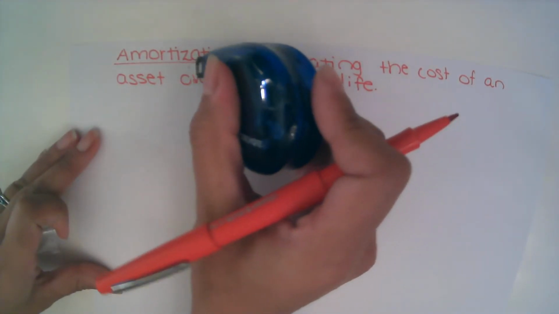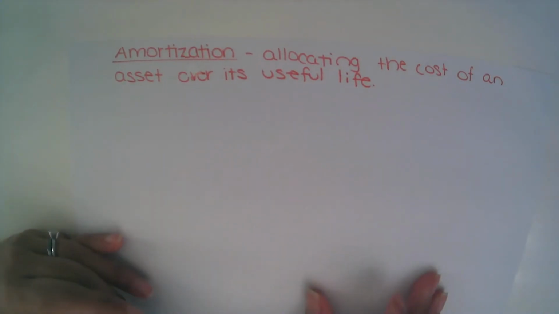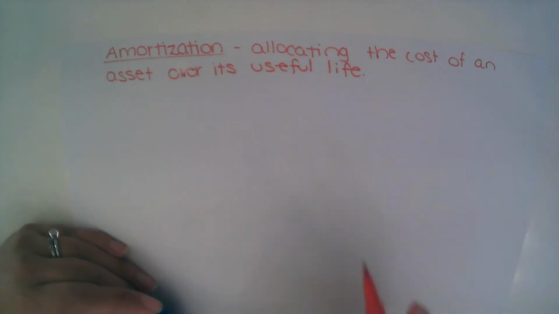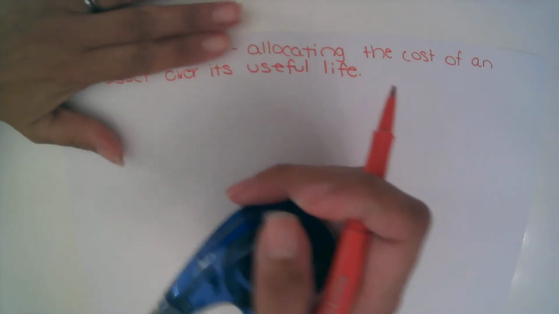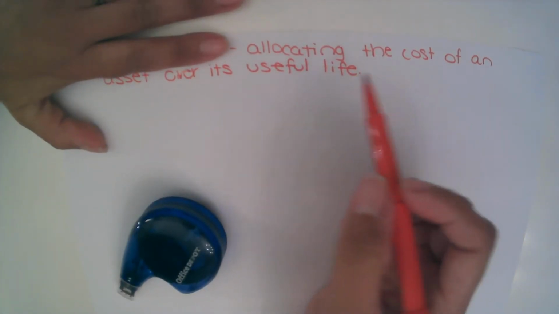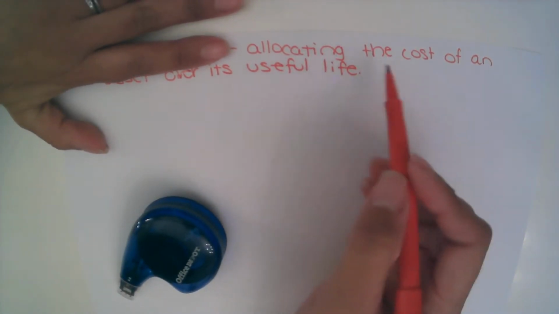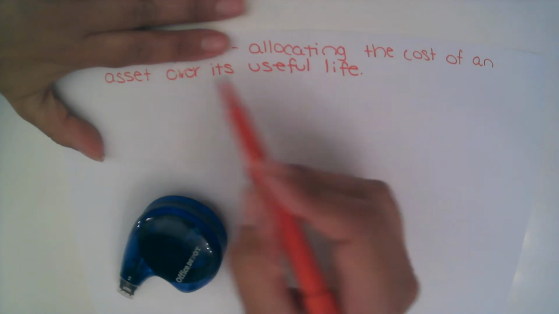Right? And so amortization is basically the same as depreciation, right? Because that formula, if we didn't see that it said amortization, that would sound like depreciation, where we allocate the cost of an asset over its useful life.